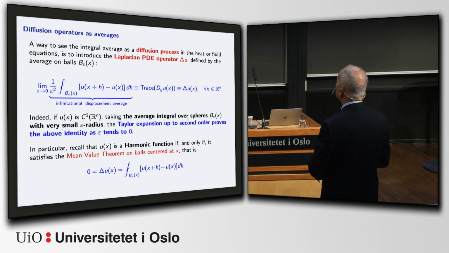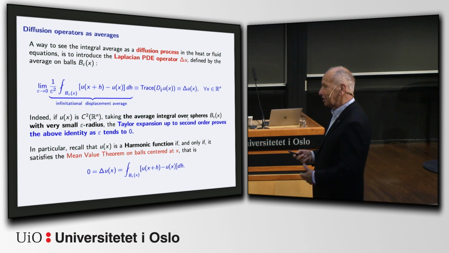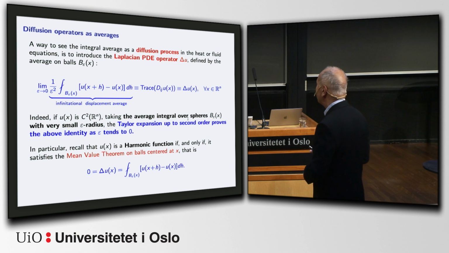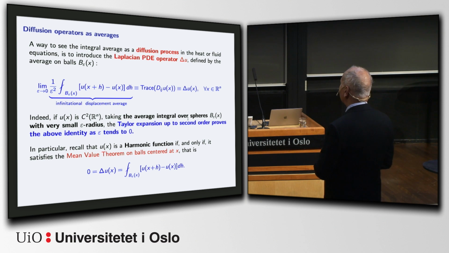Basically, a way to see the integral averaging as a diffusion process in the heat or fluid equation is to introduce the Laplacian PDE operators. In the general case, we got a generalization of the Laplacian. We just get the Laplacian, u_xx plus u_yy or something like that. Here, in this case, we have an average of the Laplacian, and then we go to 0 and you get the Laplacian in some sense.